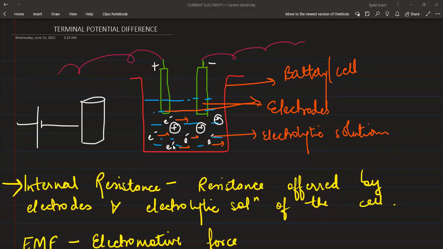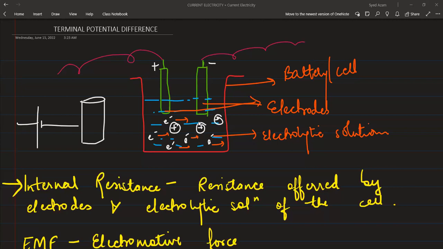Now, within the cell, electrons are present and positive charges are present within the electrolytic solution. What will happen? The way normal resistance occurs within a wire conductor, when electrons are drifting in the current carrying wire, they always feel an opposition to the flow of their motion, which we call resistance.